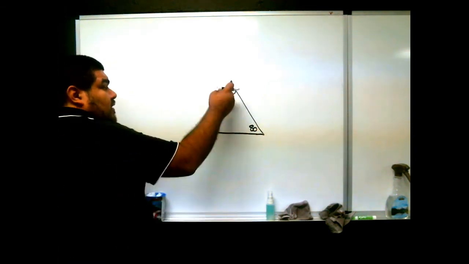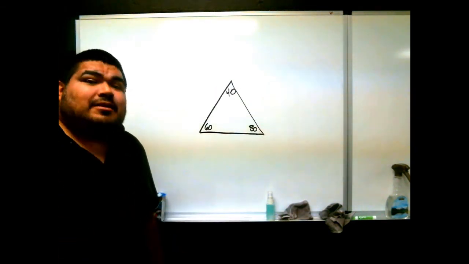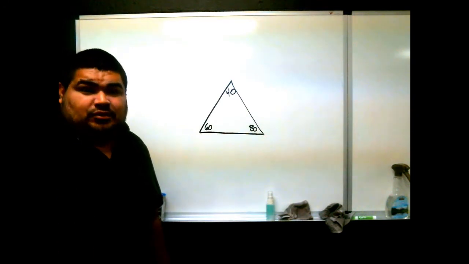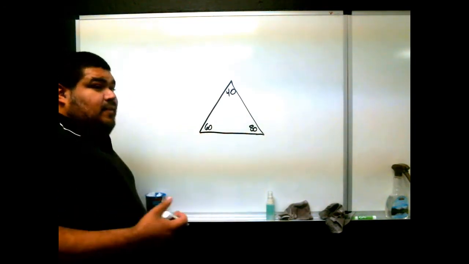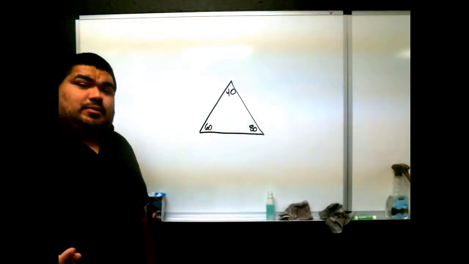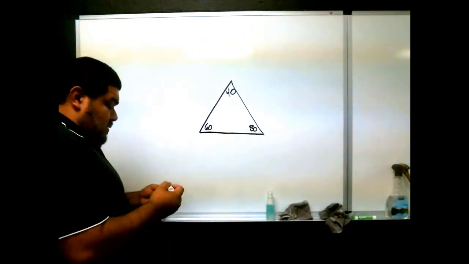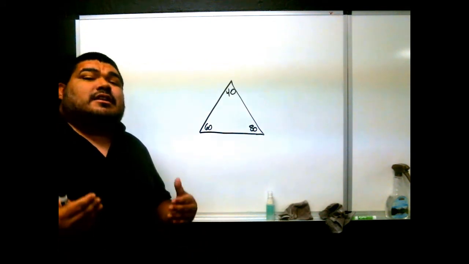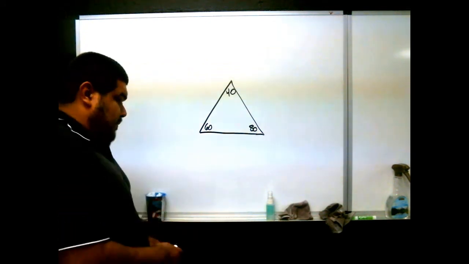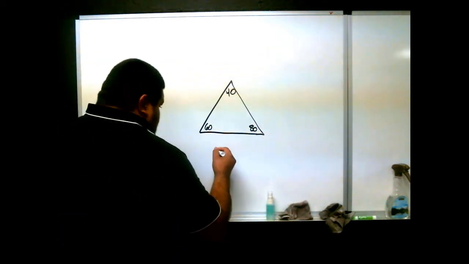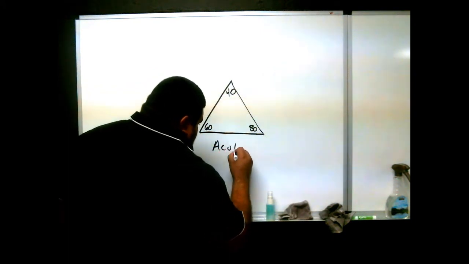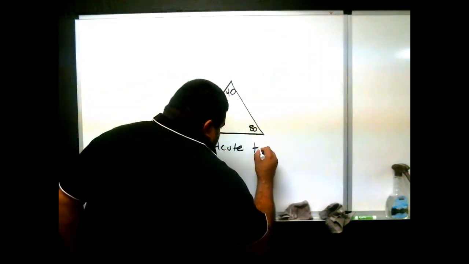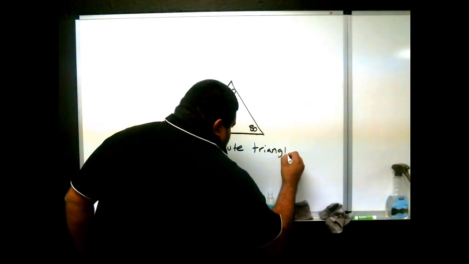Meaning all the angles are less than 90. So you know that all the angles are acute. Okay? So if all angles are less than 90, then the triangle is an acute triangle.